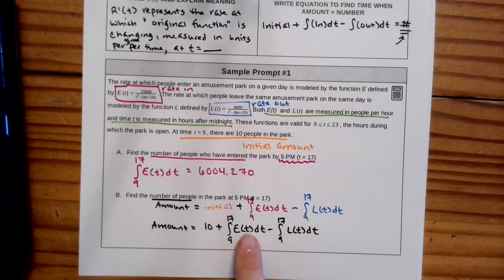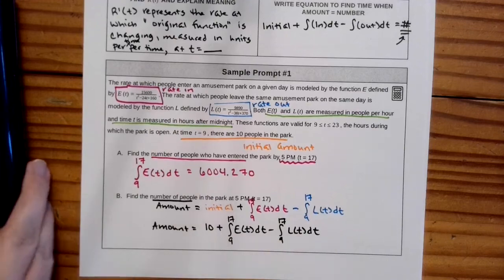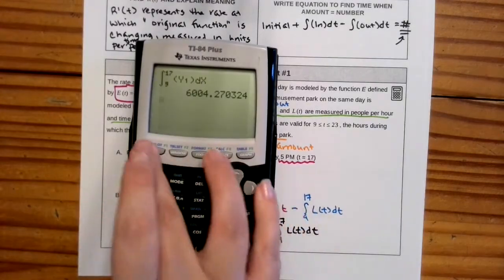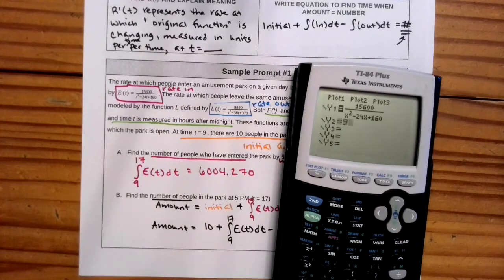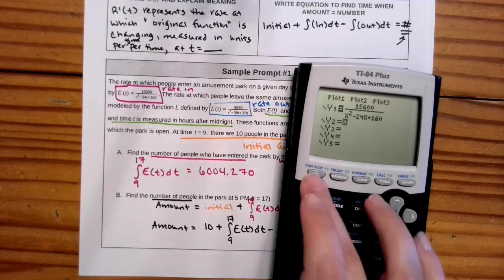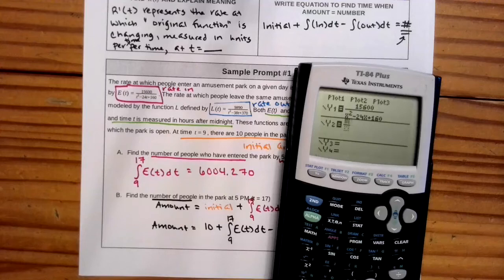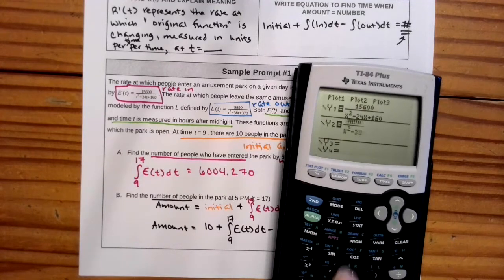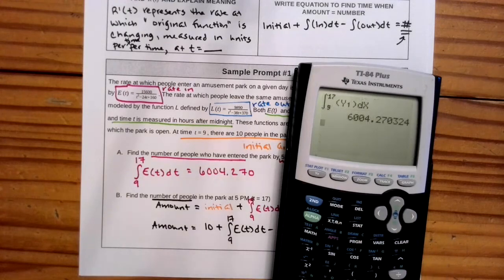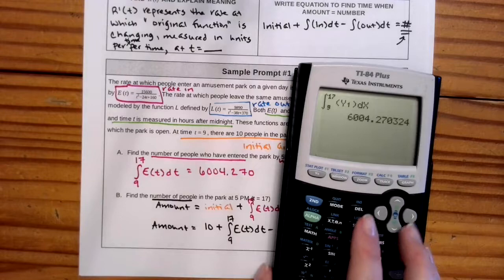We've already got E of t plugged into our calculator. We can go ahead and plug in L of t into y2. That's going to be 9890 over x squared minus 38x plus 370. Then we're just going to type this in exactly as it is.